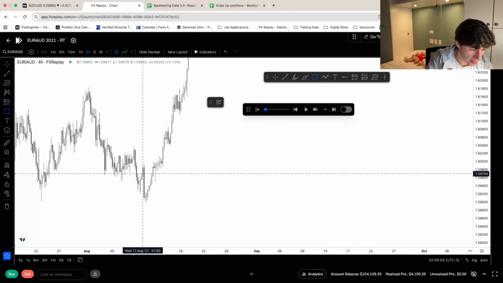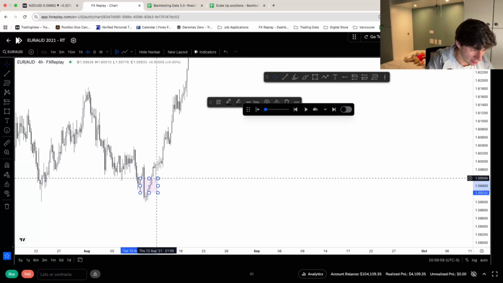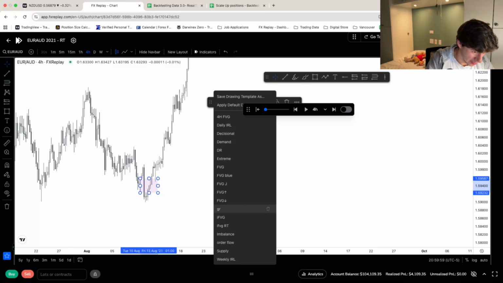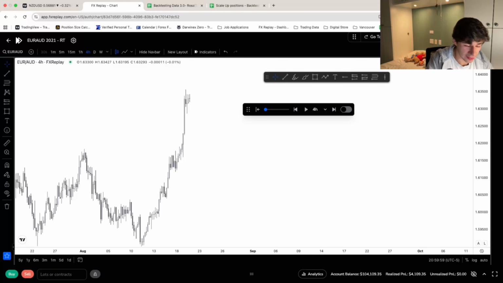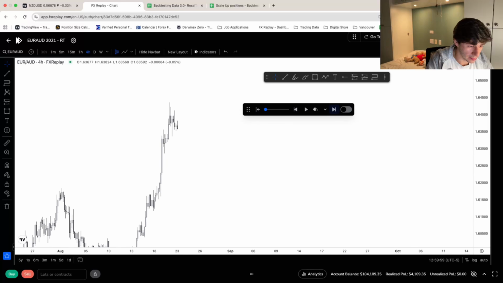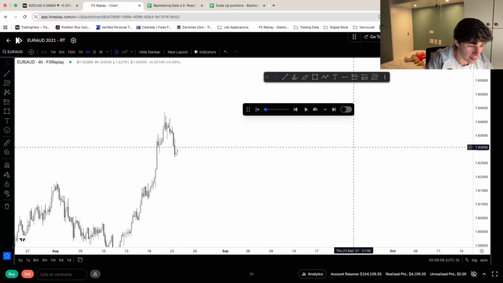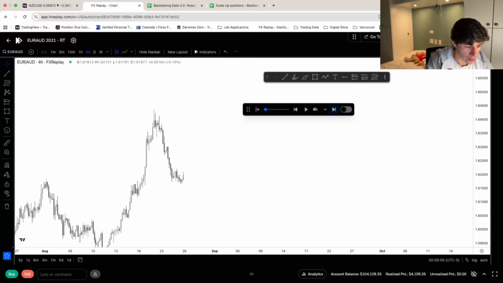There's a clean setup based on my futures strategy. Grab liquidity, this was an inverse fair value gap. Clean setup, man. I don't trade that way in the 4-hour, but that was an A+ setup in my futures trading system strategy, however you guys want to call it.